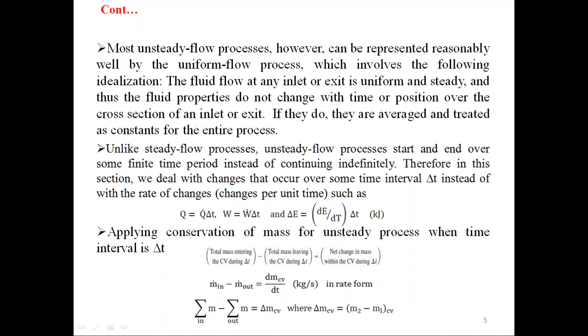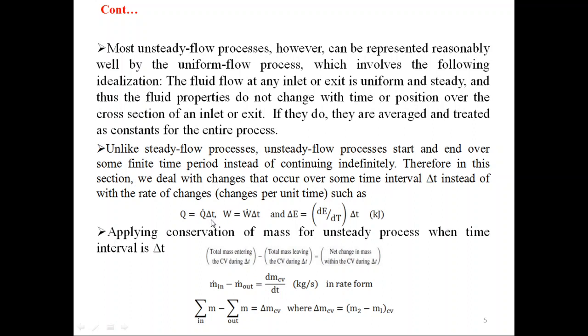Unlike a steady flow process, an unsteady flow process starts and ends over some finite time period instead of continuing indefinitely. Therefore, in this section we deal with changes that occur over some time interval delta t, where small t represents time, instead of with the rate of changes per unit time, such as Q is equal to Q over dot into delta t.